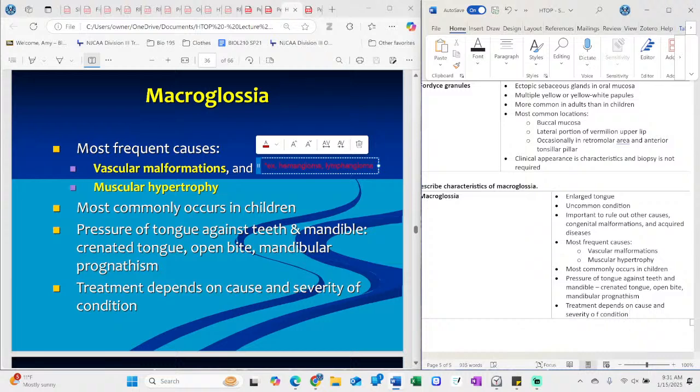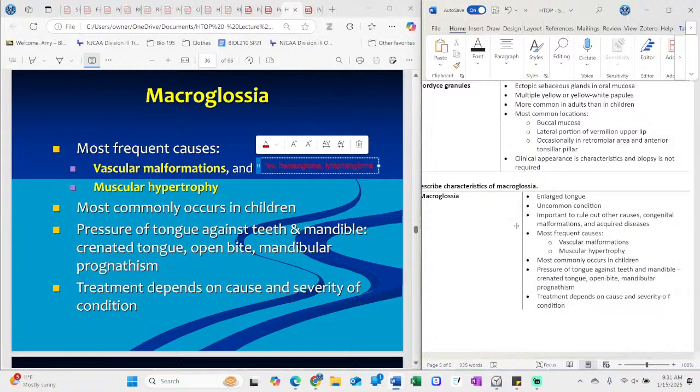Say edentulous for about 10 years now, then the tongue musculature starts to hypertrophy, proliferate the muscle fibers, and the tongue can become big. It can be difficult to contain the tongue in the oral cavity sometimes, and if they try to get dentures, they may not remain in the mouth well.